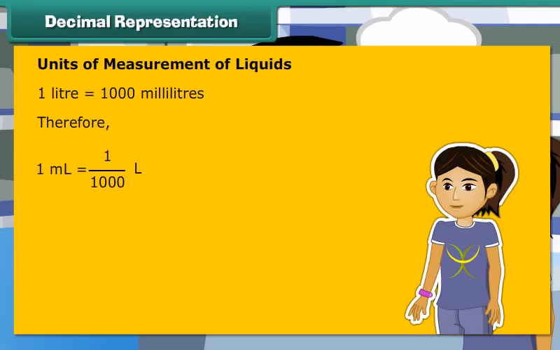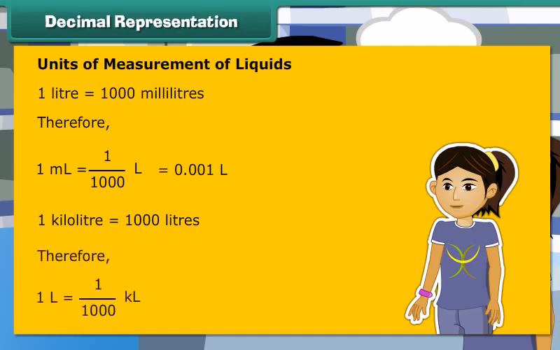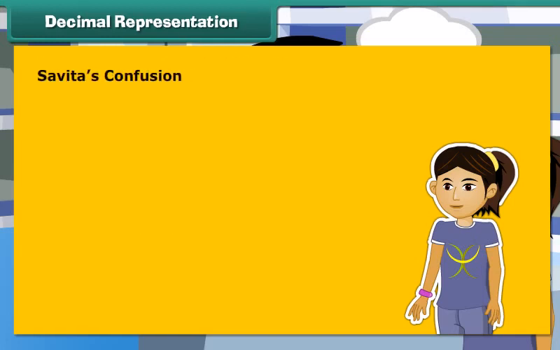That is equal to 0.001 liter. 1 kiloliter is equal to 1000 liters. Therefore, 1 liter is equal to 1/1000 kiloliter. That is equal to 0.001 kiloliter.